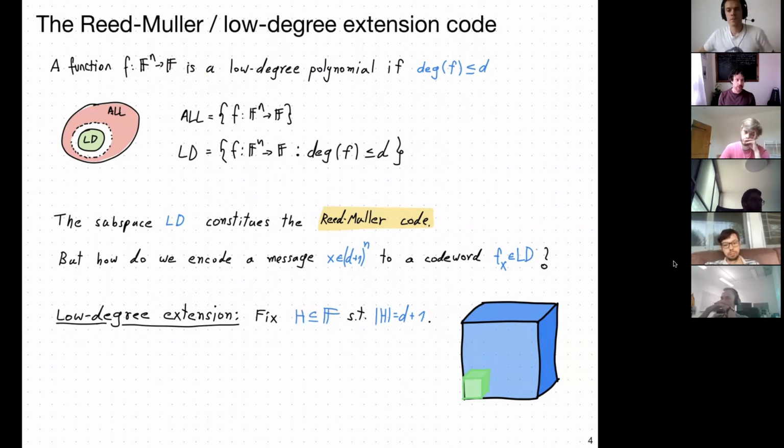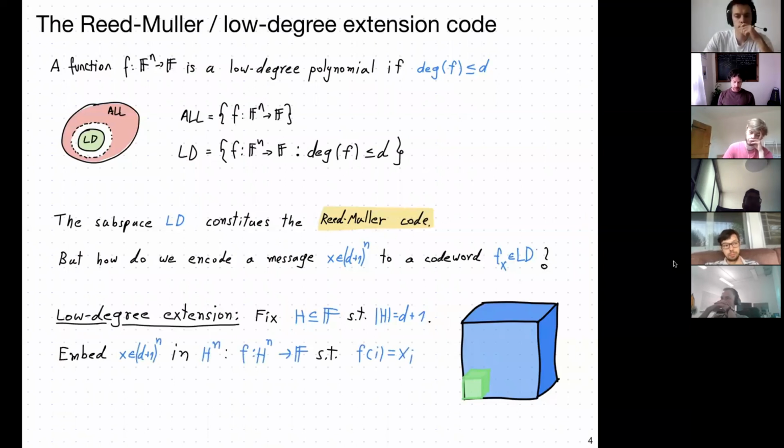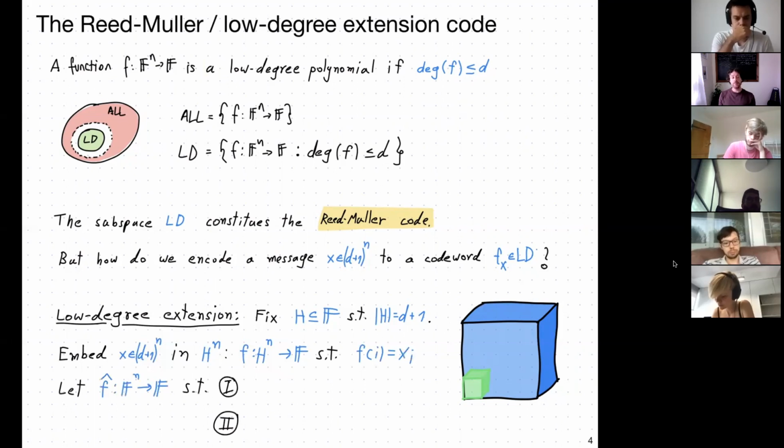So exactly what we're doing is, we take this message, embed it in some arbitrary order in H to the n, and look at this function f from H to F that takes these values, and then we consider a low degree polynomial.